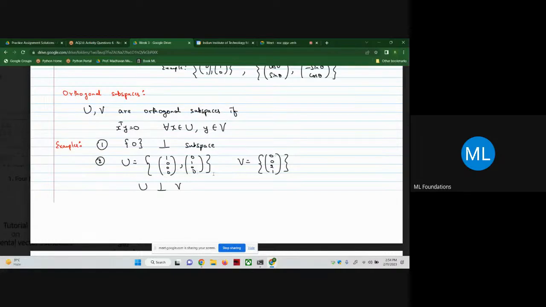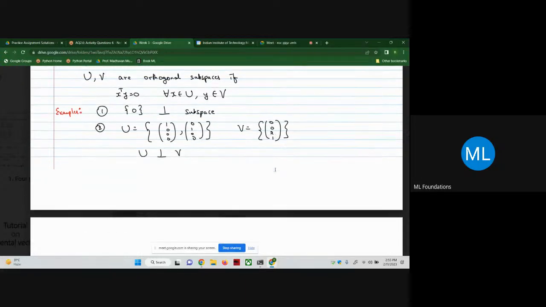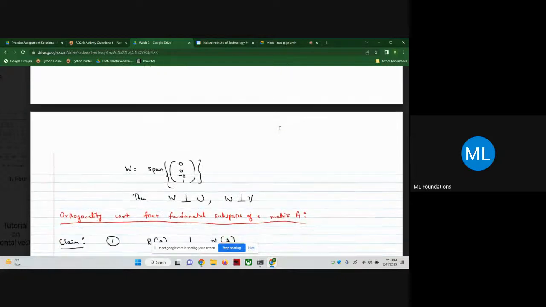This is the u subspace, and the v subspace is this 0 0 2 1. You take either this vector, its dot product with respect to this is going to be 0, or you take the second vector, the dot product with the v vector is going to be 0. So basically this means the u subspace is orthogonal to the v subspace. Any vector in u is going to be orthogonal to any vector in v.